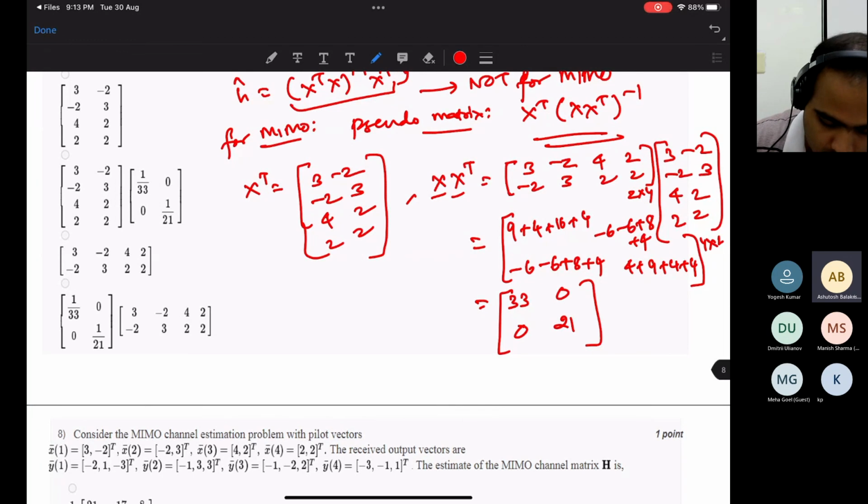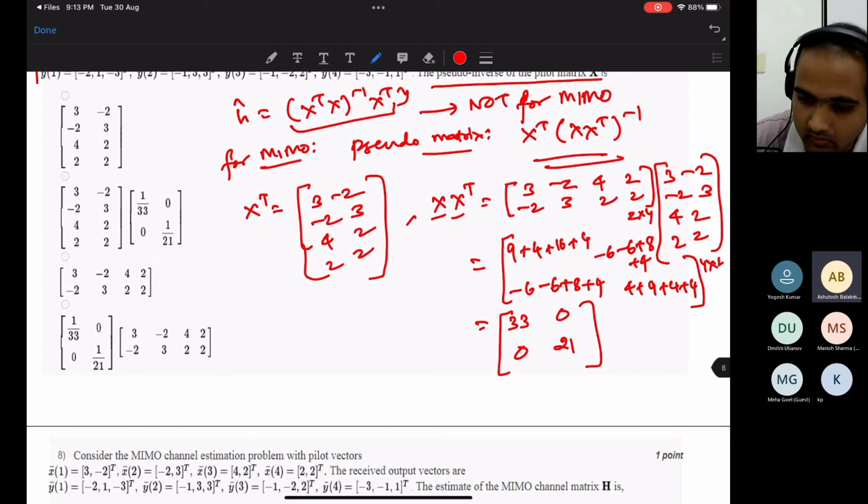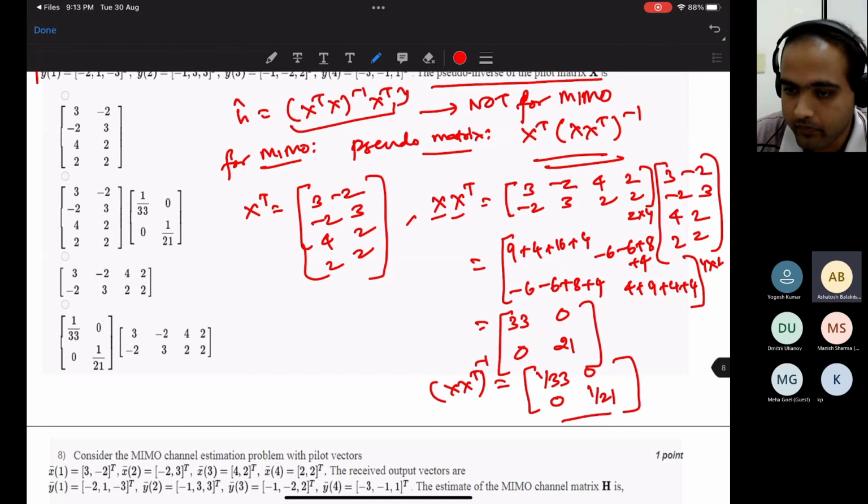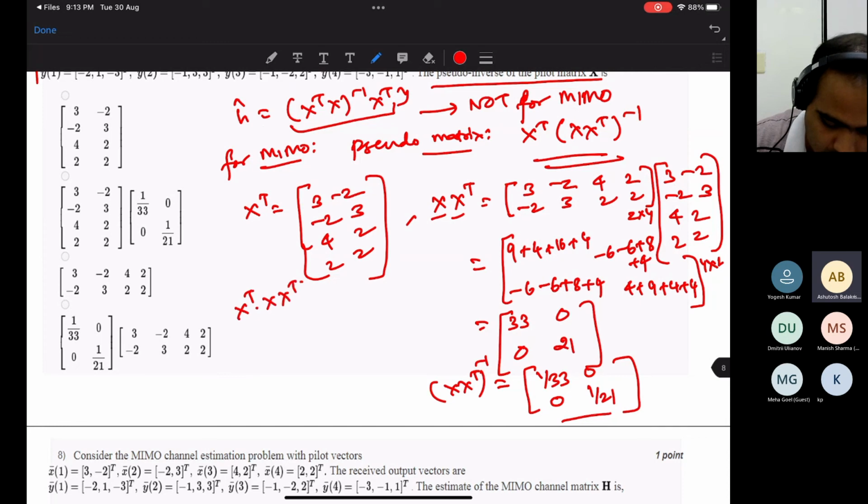What will now be its inverse? X X transpose inverse. Since this is a diagonal matrix, it is 1 by 33, 0, 0, 1 by 21. Now you need to multiply X transpose and X X transpose inverse.